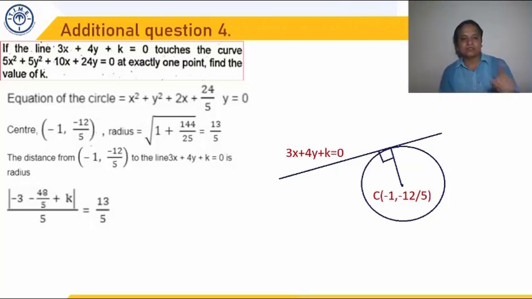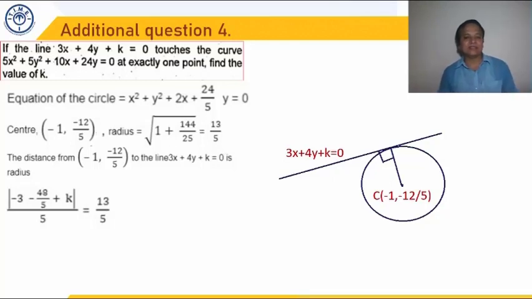So 3 into minus 1 is minus 3, 4 into minus 12 by 5 is minus 48 by 5, plus k, and we put a modulus sign. Why modulus sign? Because distance cannot be negative. So this should be equal to the radius for the line to be tangent. So we find the distance from the center to this line and equate it to the radius so that this line becomes tangent.